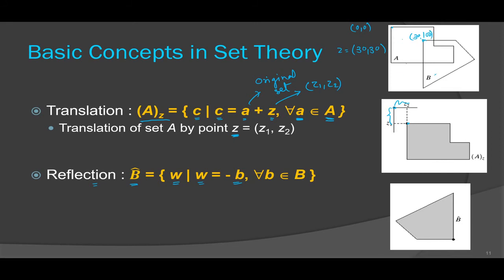Then this point is changed to minus B: minus 1 multiplied with x and y, the two coordinates of that element. So the point 30, 100 will now, in my output, be minus 30, minus 100.